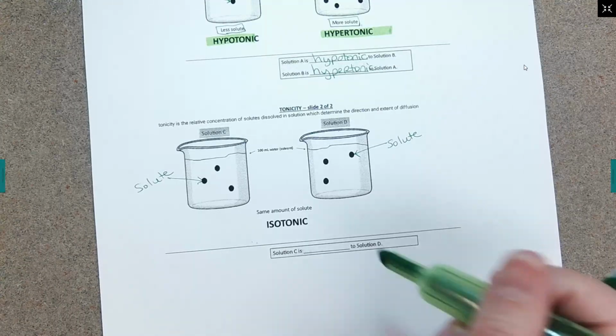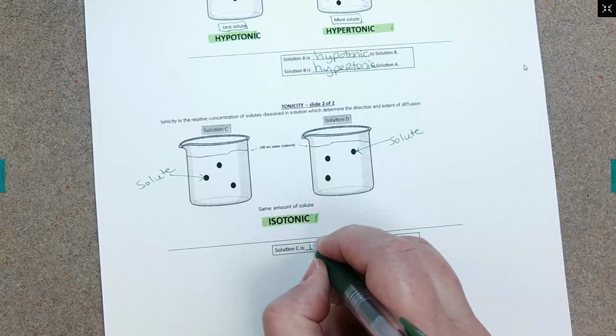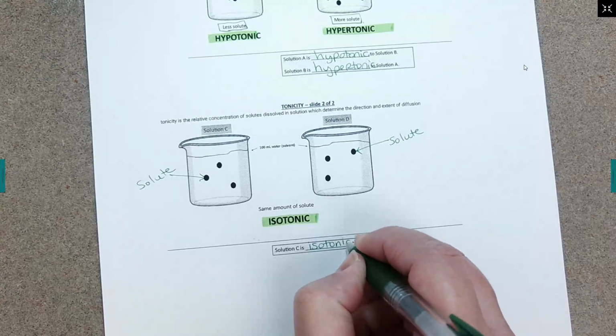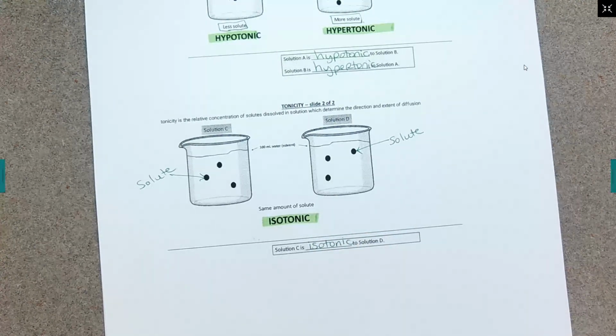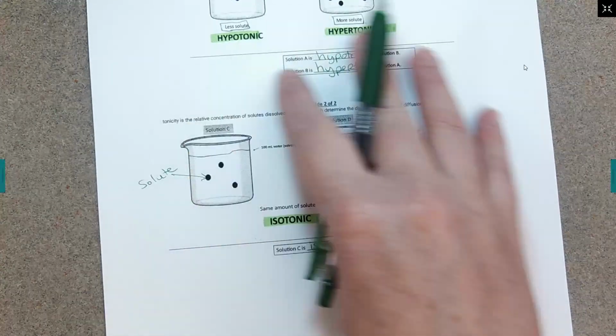Anytime you have, iso means same, by the way, tonic means tonicity, which is referring to the amount of solute particles. So we could say solution C is isotonic to solution D, or we could say solution D is isotonic to solution C. So you need to understand these three terms when we're talking about tonicity.